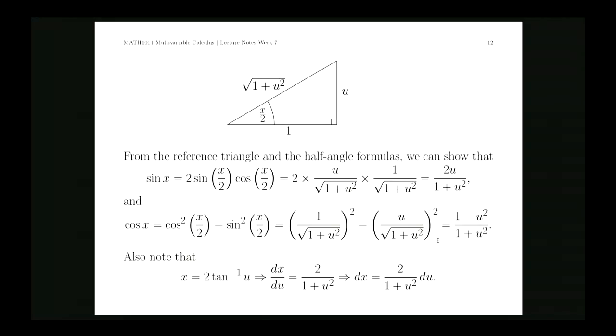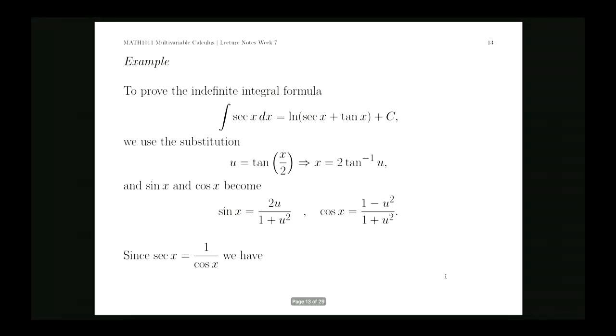And although it doesn't look like it, these actually let us do a wide variety of integrals. And I explain, this is how we prove the integral formulas of sec and cosec. So sec being 1 on cos, I use this substitution, and I know now that sine becomes 2u on 1 plus u squared, and cos becomes 1 minus u squared on 1 plus u squared.